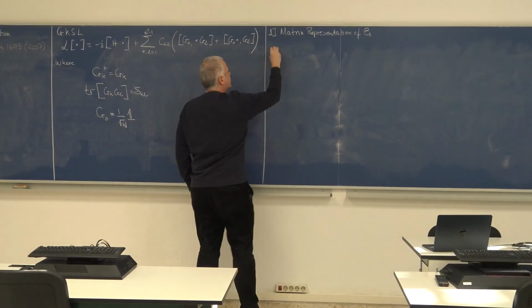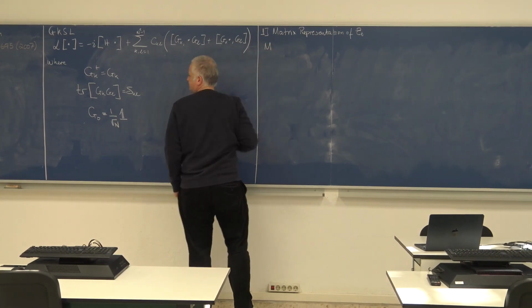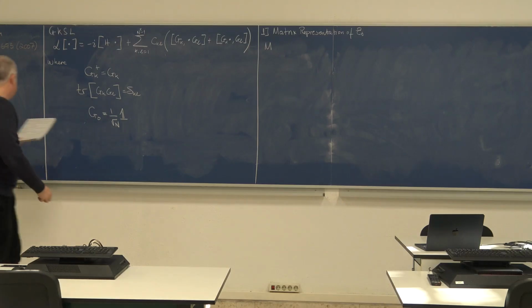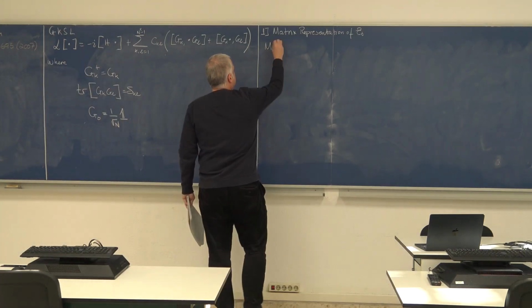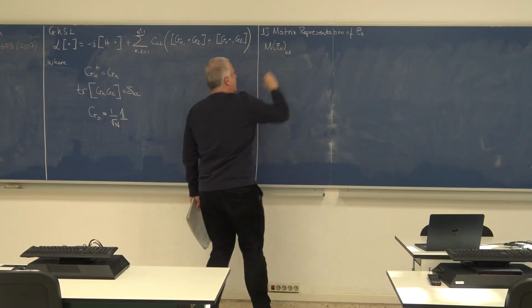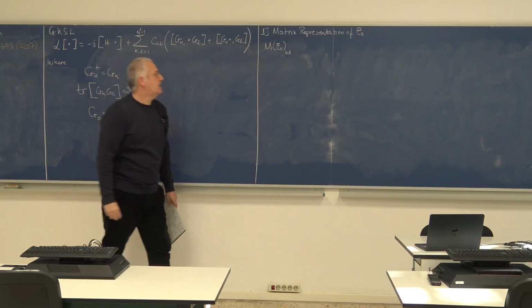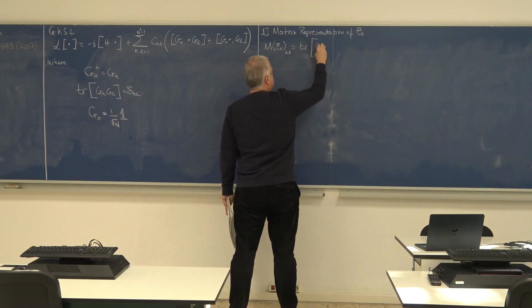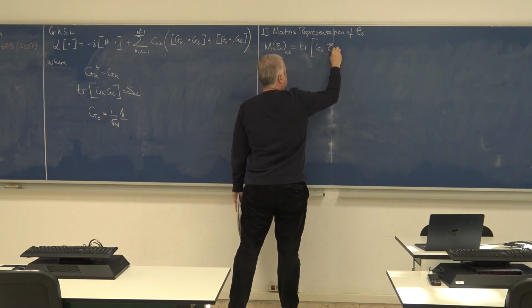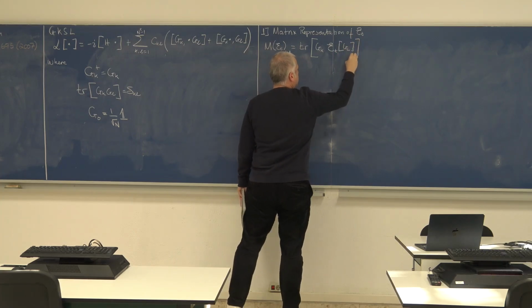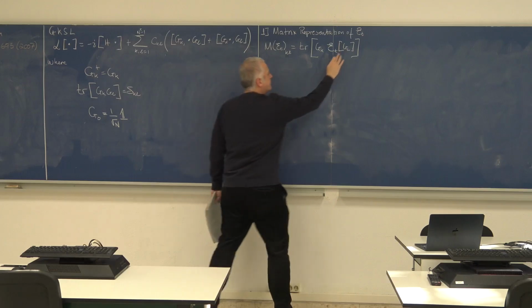If you remember, the matrix representation of any CPTP map T has elements KL that are given by the trace. Okay?